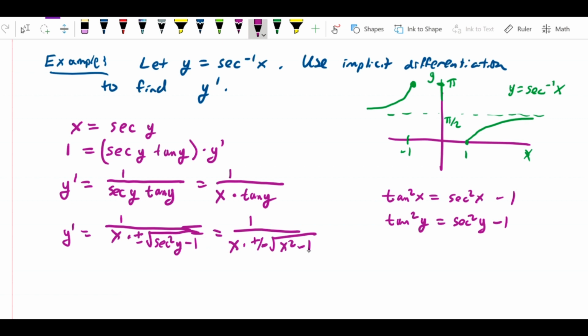Now, question is it plus or minus? Well, this is one of the reasons I put the graph of y equals secant x up. If x is a positive number, in other words, if x is this branch of the graph, then what we can see is that the angle y is between 0 and pi over 2. And we know that for angles between 0 and pi over 2, tangent is a positive number.